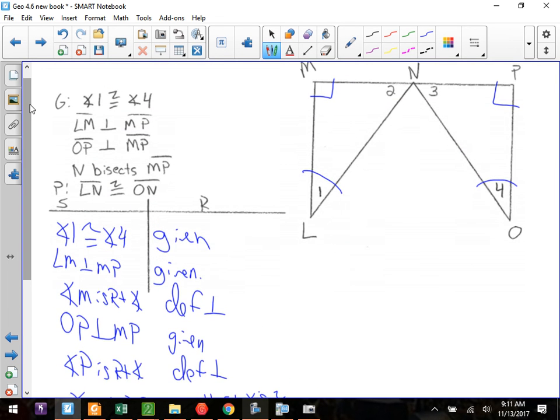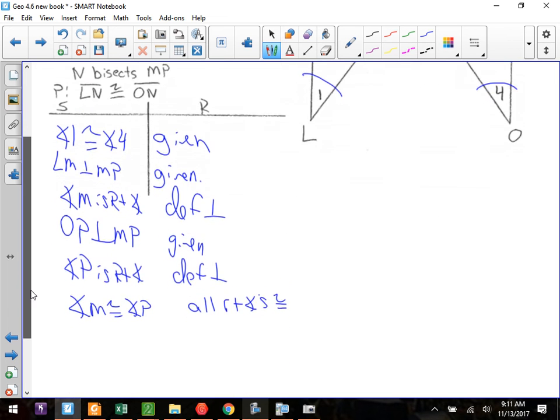Okay. And then lastly, you have N bisects MP. If a segment is bisected, what's created? Two congruent segments. So MN is congruent to NP.